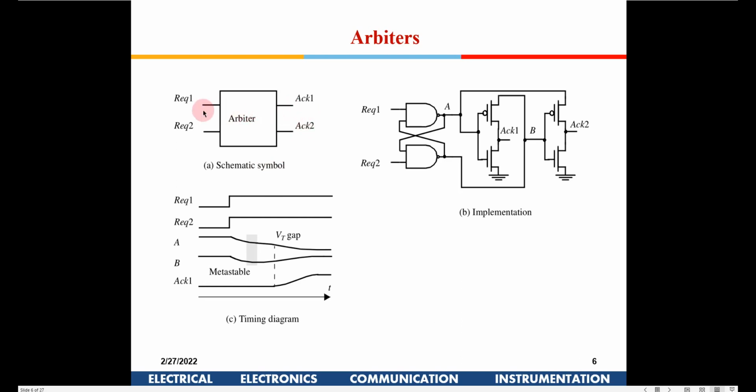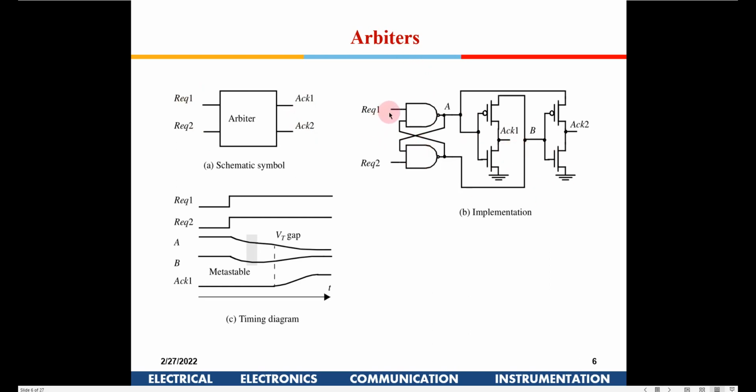But for certain very simple IO devices which are connected with equal priority levels, you can have a simple circuit which can accept more than one request, and depending on who comes first, the acknowledgement will be given. Both are given equal priority. Whosoever approaches first, it will generate an acknowledgement signal for that particular request. This is what the arbiter does.